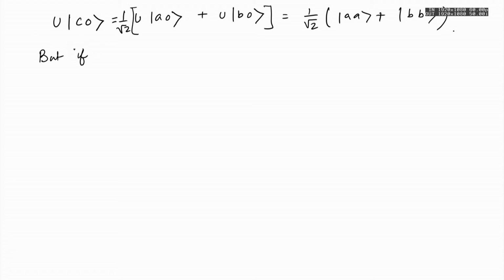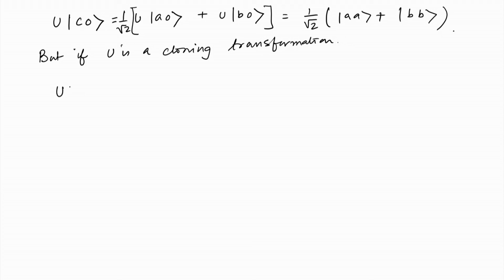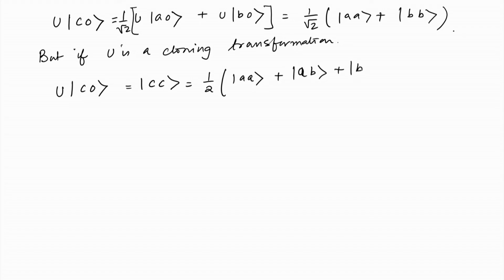But if U is a cloning transformation, then U acting on C0 should give me CC, which is equal to 1/2 of AA plus AB plus BA plus BB, which is certainly not what we have written above.